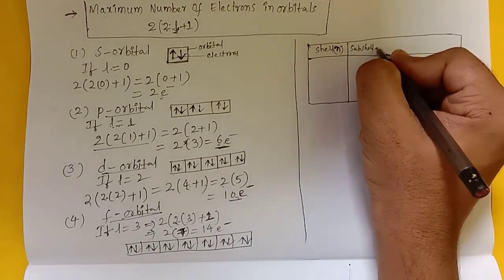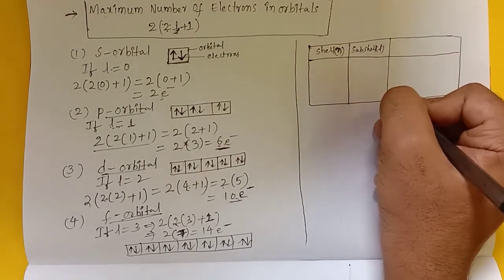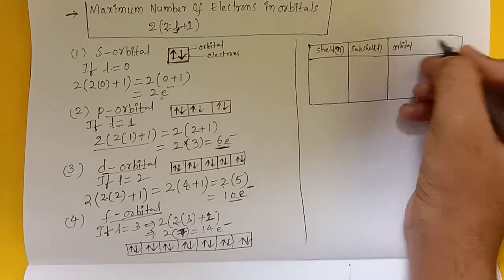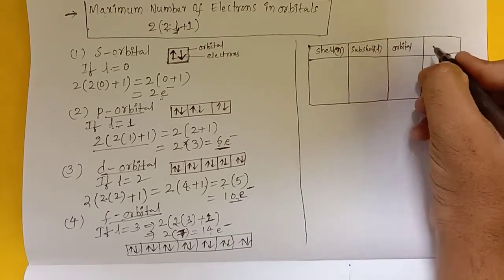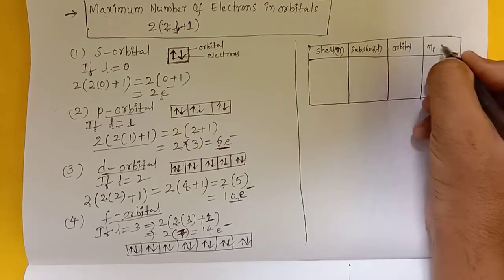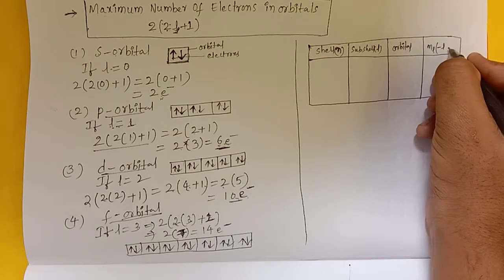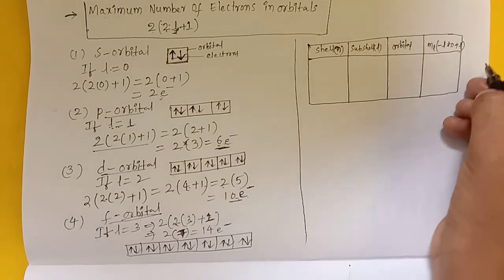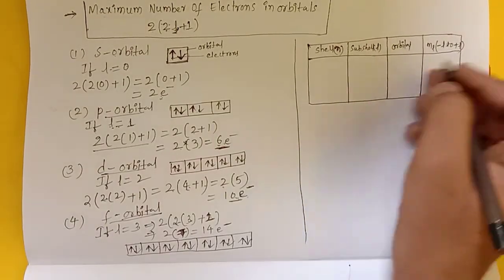How to take subshell? Subshell means L we have to consider, and next is the orbital, which orbital you are taking, and next is the ml value. Ml value means minus L to plus L, including 0.